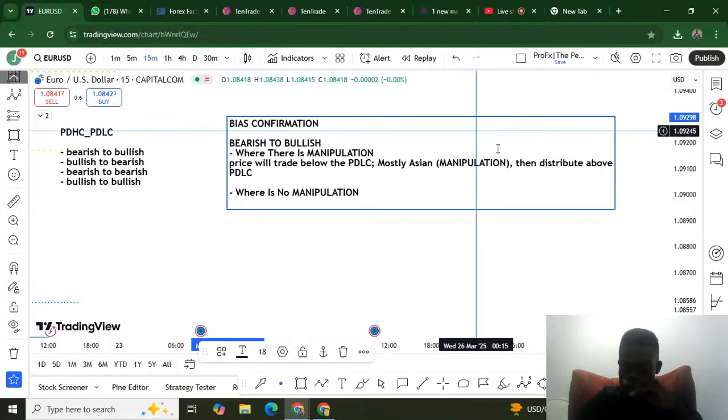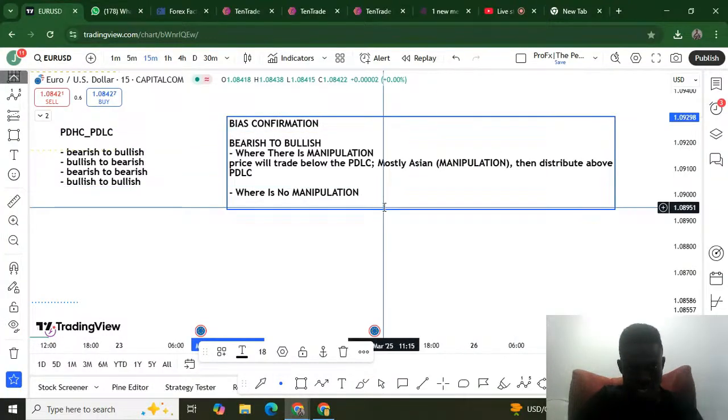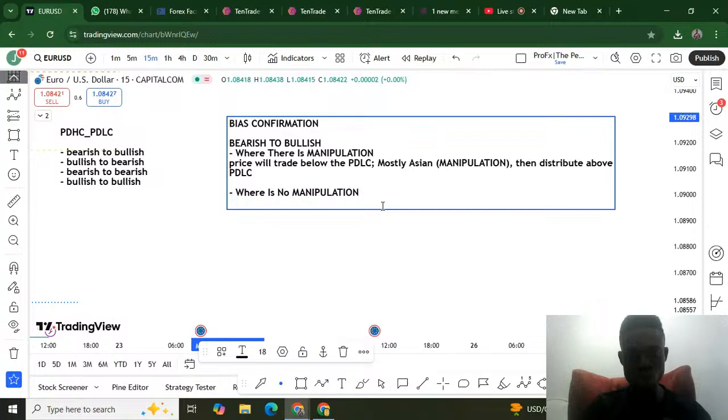So this is what we are expecting, right? Now, where there is no manipulation, what will price deliver? Like I said, this is not a strategy. This is just simply how price delivers its action, right? It's a concept. So where there is no manipulation, price will trade above straight.